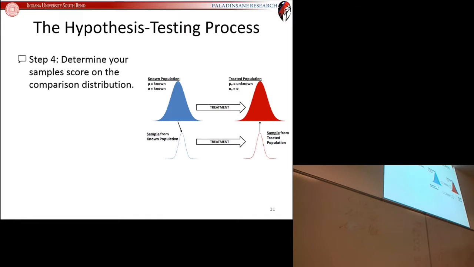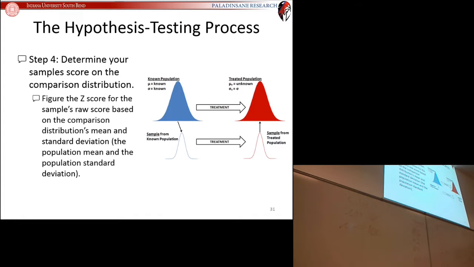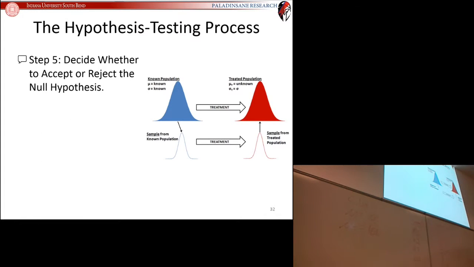So we calculate where our sample is on this distribution, and we do that by using the unit normal distribution table, that table we've been working with in chapter 4. And then, depending upon whether our sample crosses this line and goes into the tails, or whether it stays here in the body, we make our final decision.